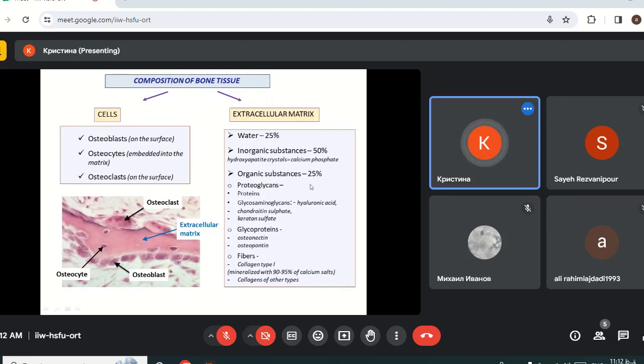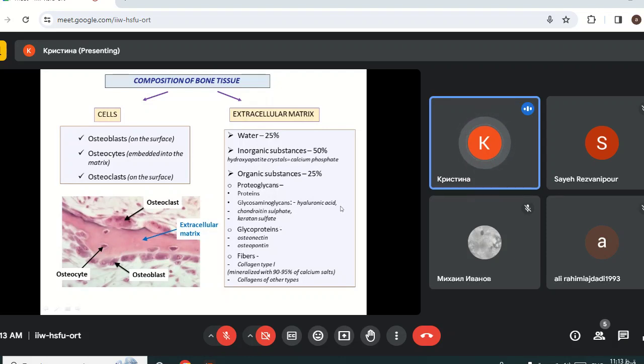Organic substances are the fibers, mostly collagen type 1, and some amount of collagens of other types, and amorphous substance or ground substance, which is composed of proteoglycans and glycoproteins. Proteoglycans include proteins and glycosaminoglycans such as hyaluronic acid, chondroitin sulfate, and keratan sulfate.